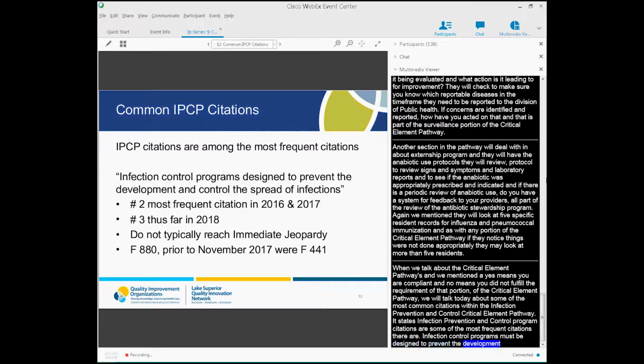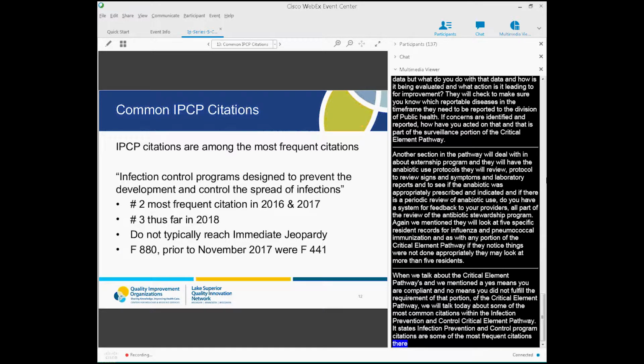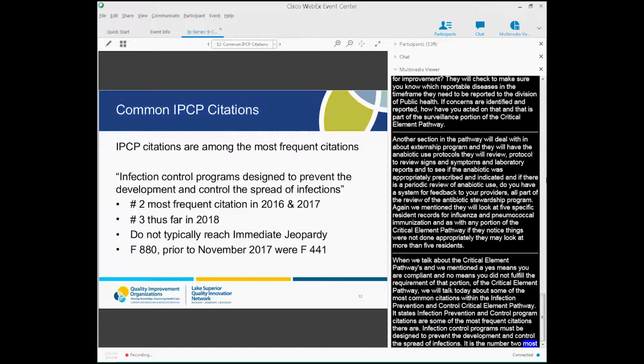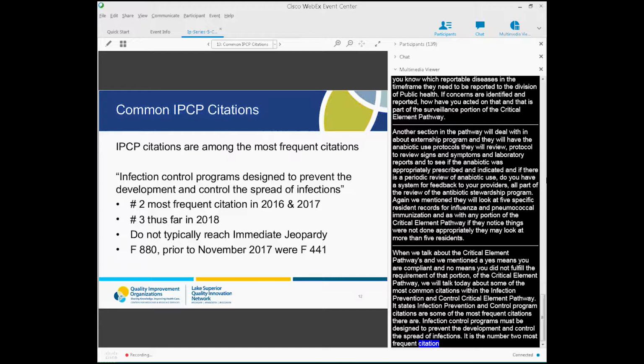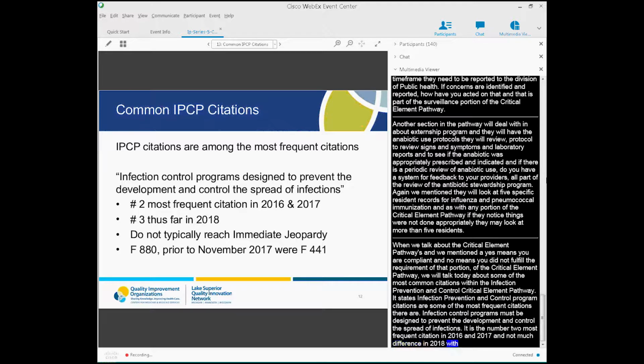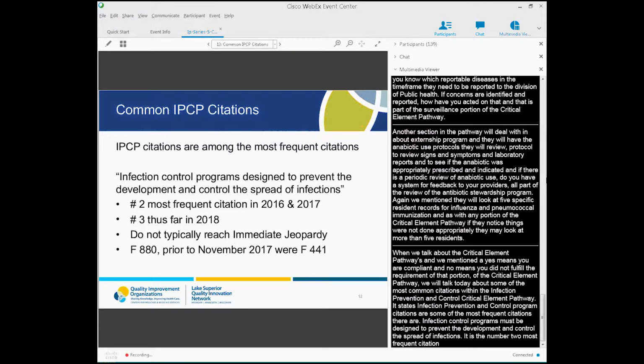It was the number two most frequently cited citation in 2016 and 17. Not much different this year with the new survey. And these rankings that I'm talking about here are an aggregate of Michigan, Minnesota, and Wisconsin data, as well as comparing it nationally. There's not a lot of difference from state to state or nationally.